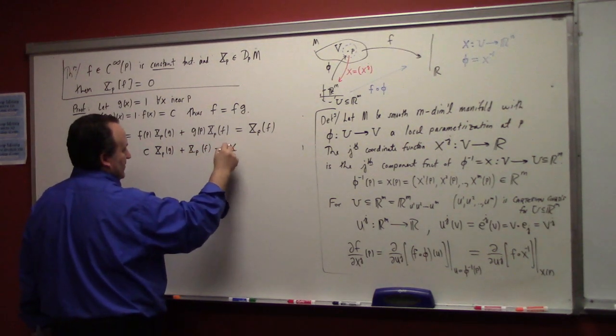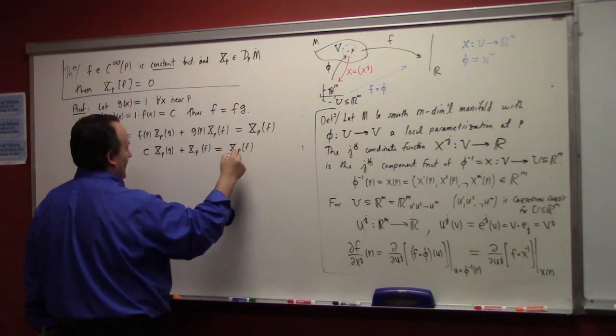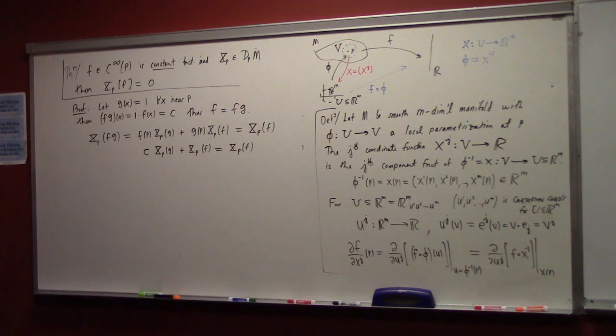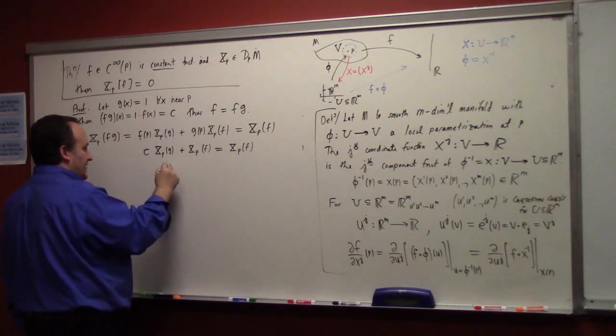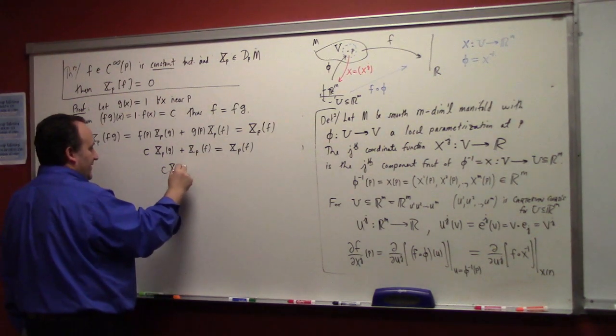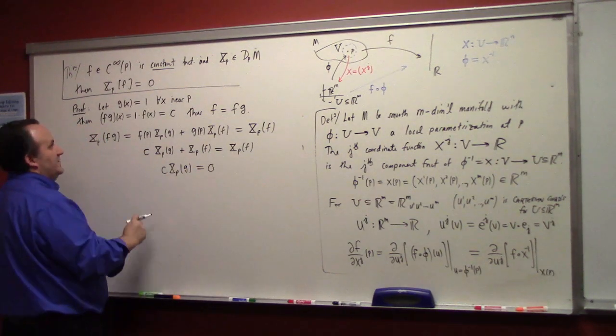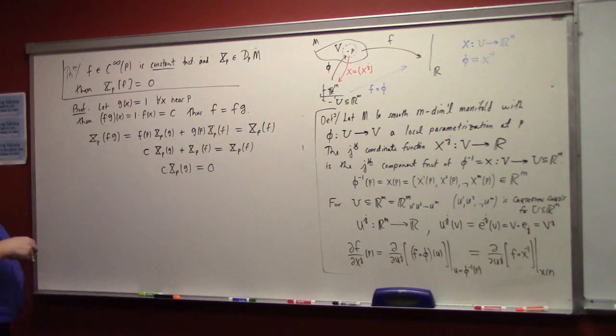And so what does that do for me? Oh, it looks like this proves that c times Xp of g is equal to 0. Oh man, that's not what I wanted. I wanted to show Xp of f was 0. Can you tell me what to do next? It's a derivation, so what can we do?